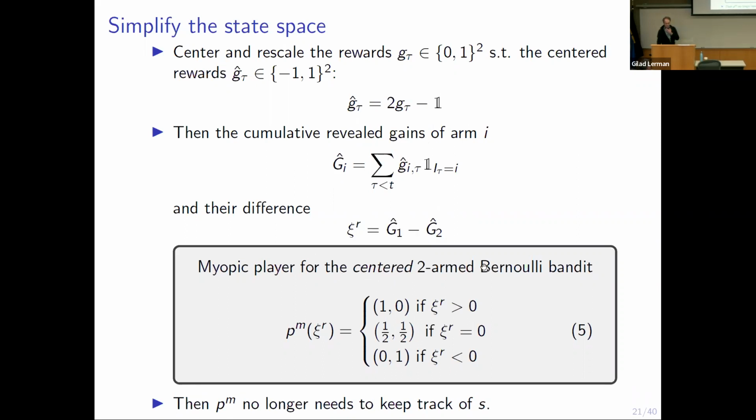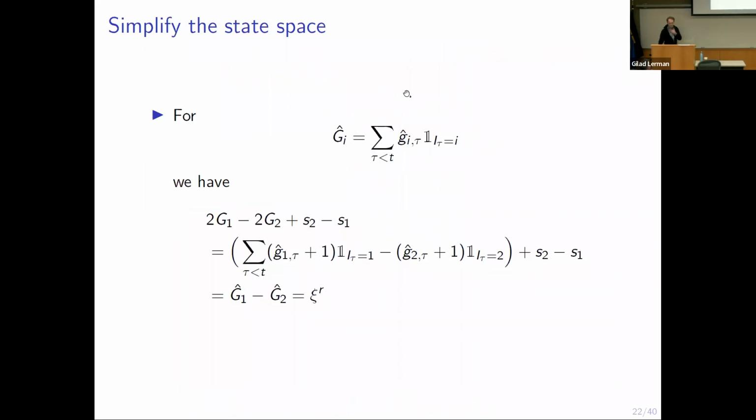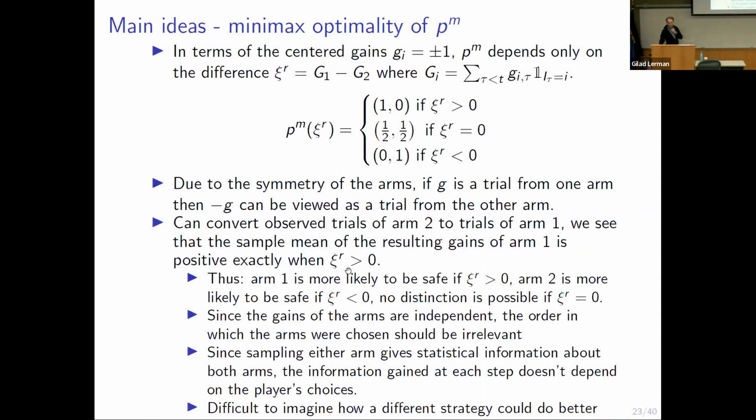And the myopic player, after the centering, simplifies dramatically. You don't need to keep track of S. You can see that by an algebraic calculation. If you center the gains, you have these ones times the number of times the relevant arm was pulled, and that cancels with this term, which just counts the number of times each arm was pulled. So this is very simple.